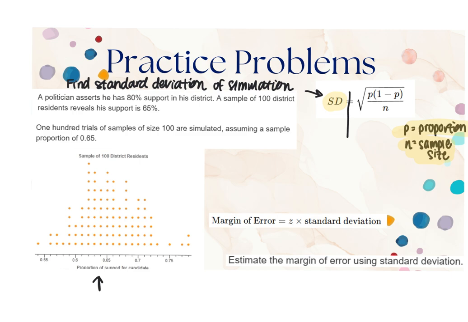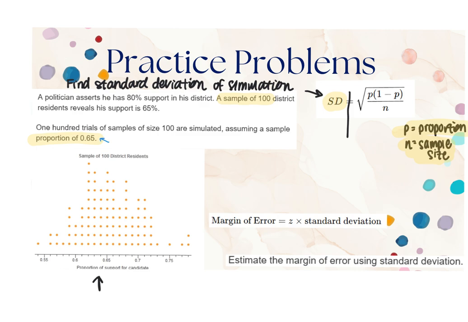With those, we can find our standard deviation. Reading through the problem, a politician asserts he has 80% support in his district. A sample of 100 district residents reveals his support is 65%. 100 trials of sample size of 100 are simulated, assuming a sample proportion of 0.65. So already I can identify my key pieces of info.